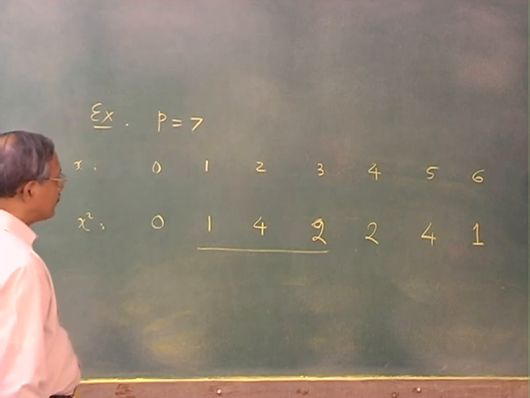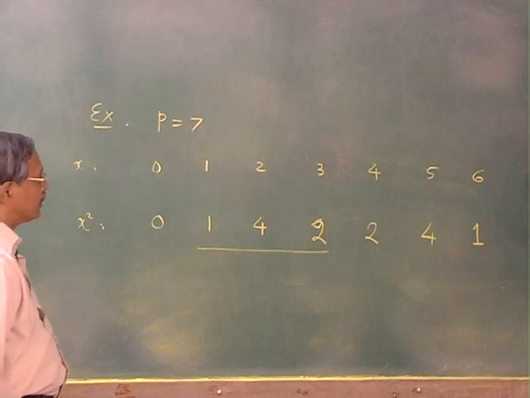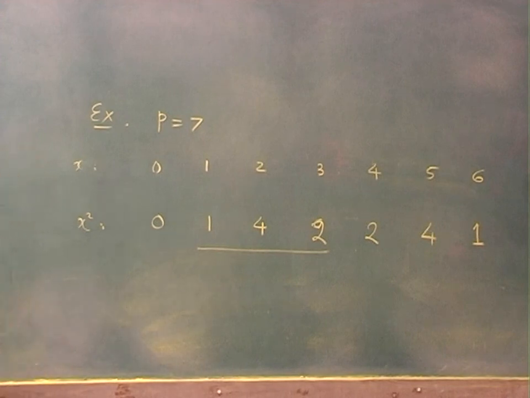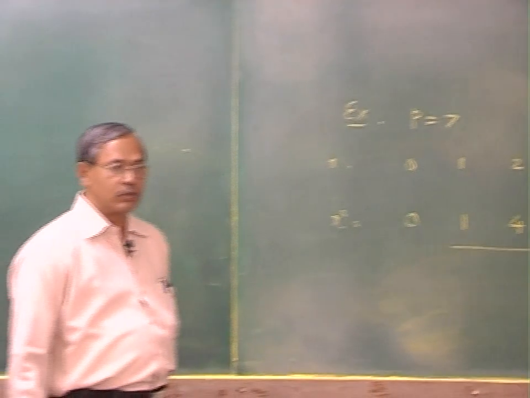So you see that there are 3 quadratic residues and therefore the remaining 3 are quadratic non-residues. 0 is separate; non-zero numbers mod p are classified as quadratic residues or quadratic non-residues. Here in the definition, we assume that a is an integer which is not congruent to 0 mod p.